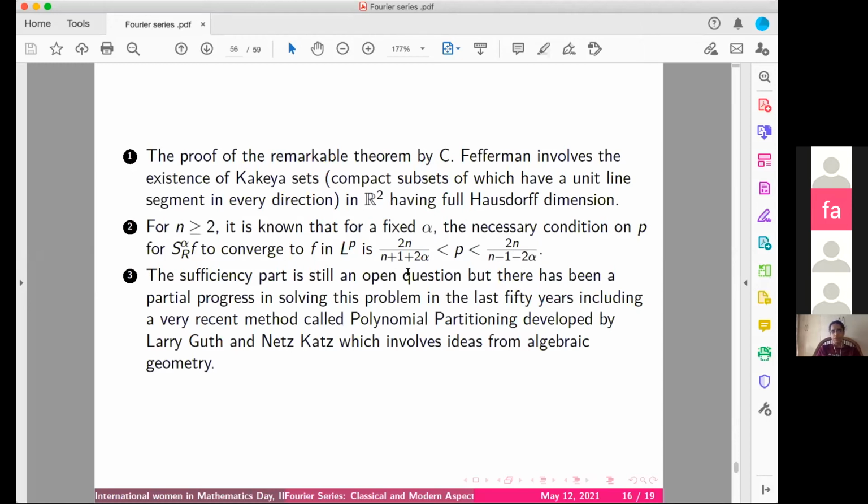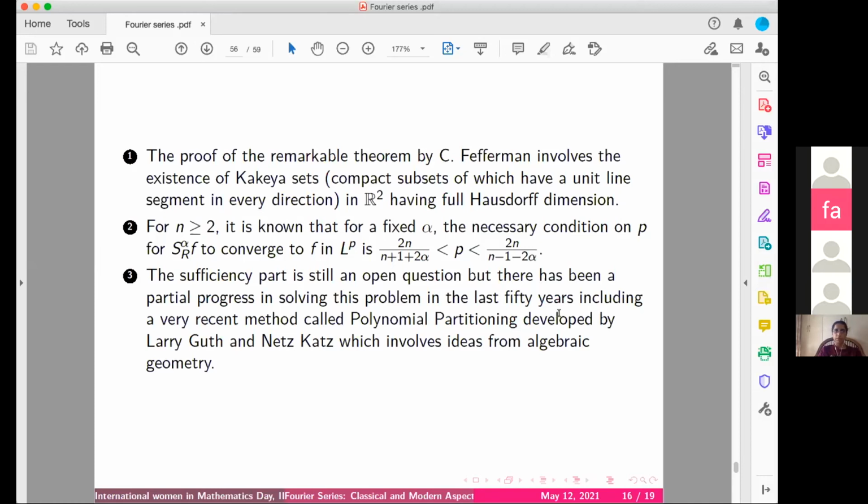But the sufficiency part is still very much an open problem. The case n equal to 2 is settled, and for n bigger than or equal to 3 it is still going on. It is still an open problem, but there has been partial progress in the last 50 years.